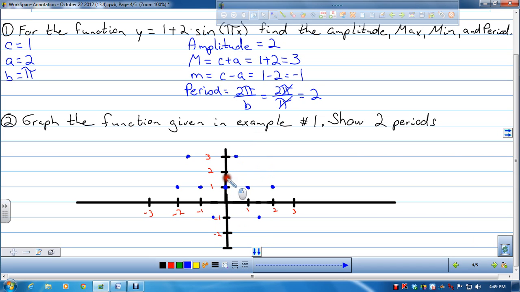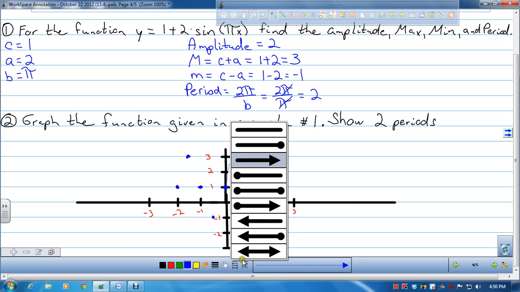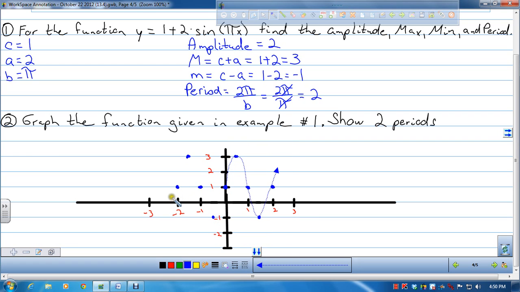So I try to draw a smooth curve, as smooth as I can with this technology. A smooth curve, and that would be 1 period, right? 1 period would take me through there. One period.